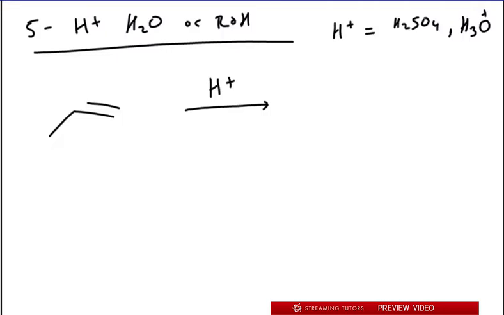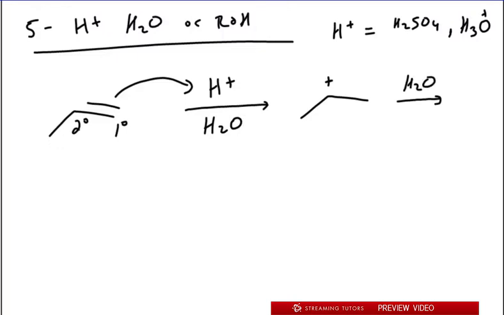Now, if we have an acid, we break the double bond, just like we did with HBr. We make a carbocation, always on the higher degree. So the double bond carbon is primary on the right, secondary in the middle. So we make a secondary carbocation, and then water or alcohol, depending upon the solution, will come in.